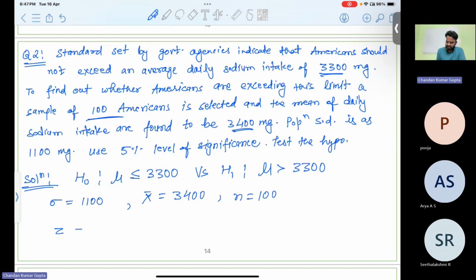So our Z statistic will be defined as root n times x bar minus mu, divided by sigma.